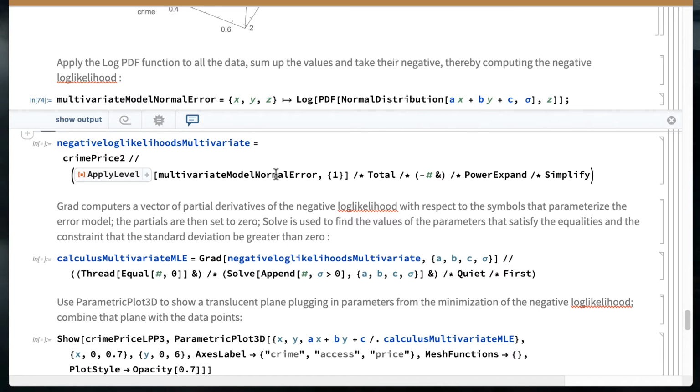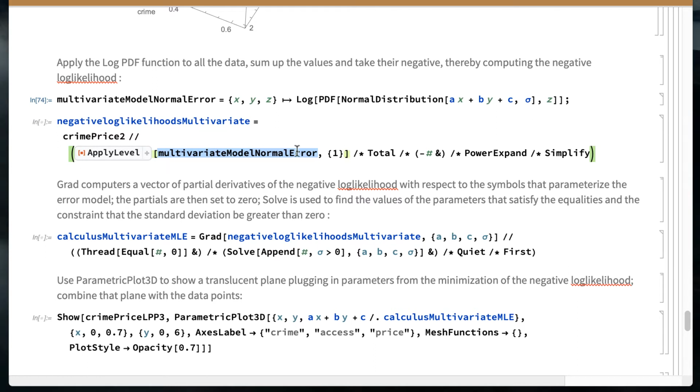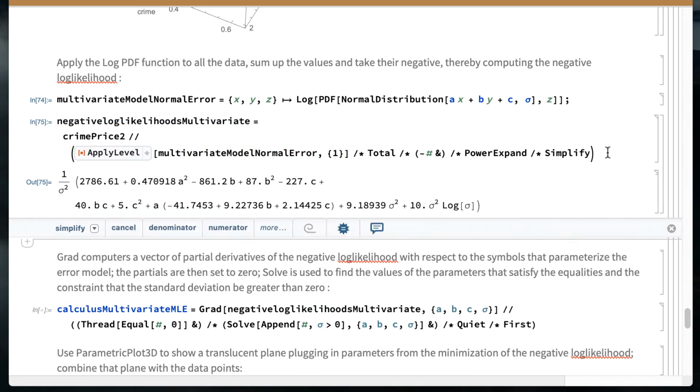And now we're going to do the same thing I've been doing. We're going to take that function, apply it to all our data, sum up those log likelihoods, take the negative of the sum of the log likelihoods, do some algebraic simplification by PowerExpand and Simplify, and there it is. We have an expression in A, B, C, and sigma.